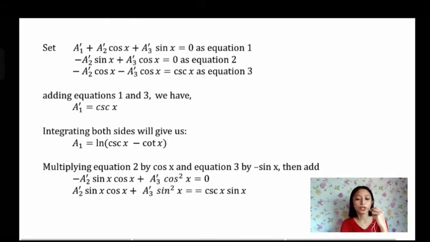Then add equation 1 and 3. When we add, cancel a sub 2 prime cosine x and a sub 3 prime sine x. Then matitira is a sub 1 prime equals ln times cosecant x minus cotangent x. Then after makuha is multiply equation 2 by cosine x.